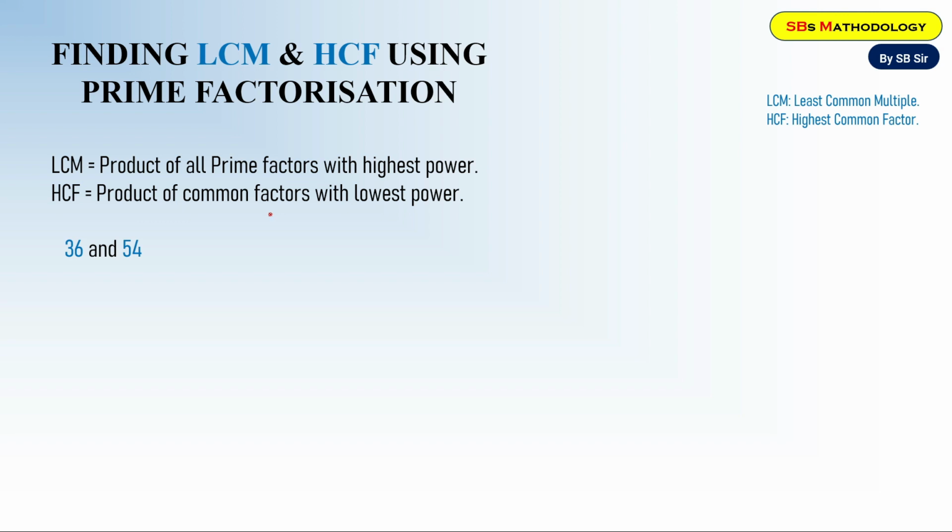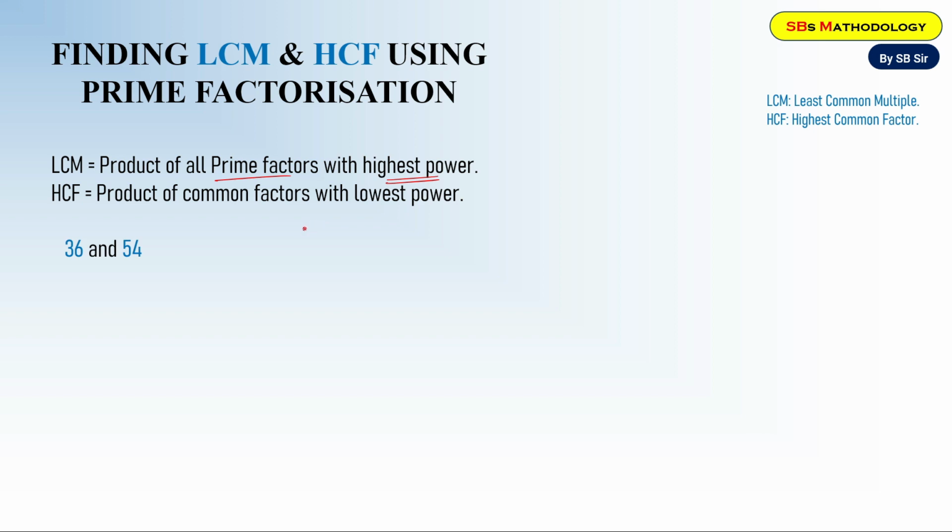And what is the process to find the LCM of two numbers? Product of all primes with highest power. If we factorize two numbers as a product of primes, we take all primes which occur in these two numbers with the highest power of each prime, right? That will give us the LCM.